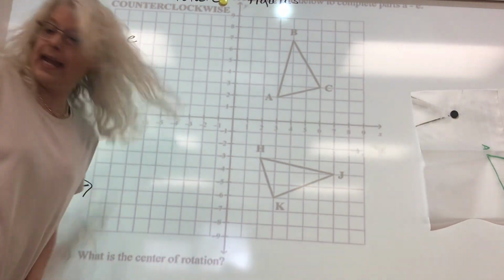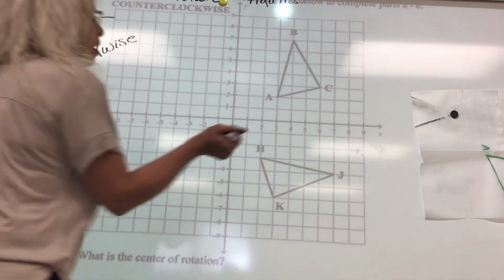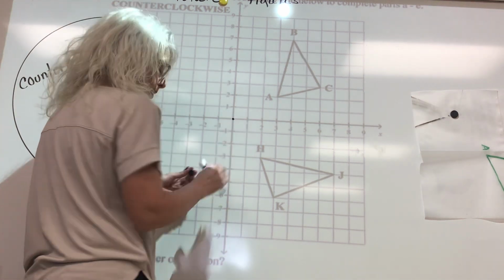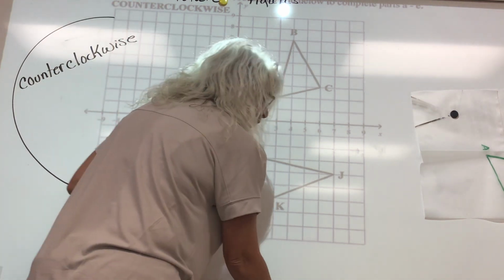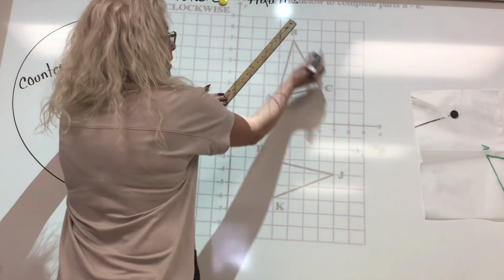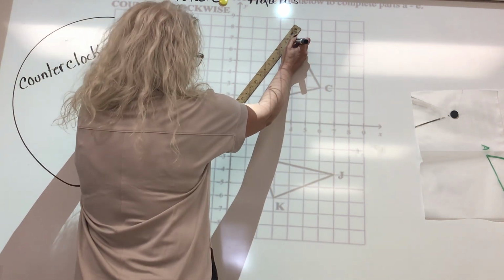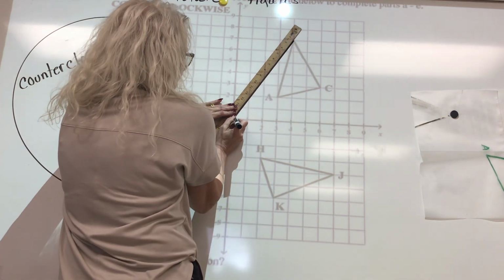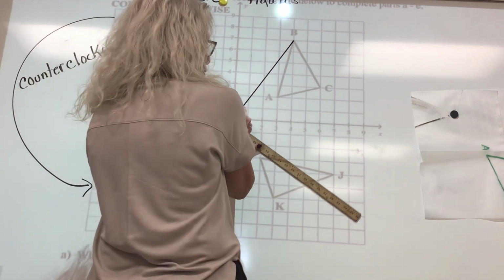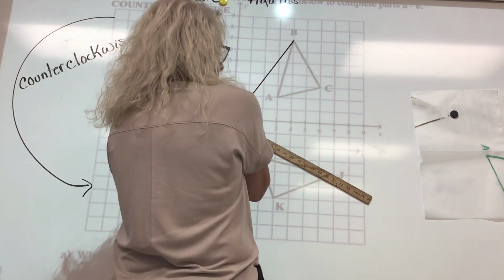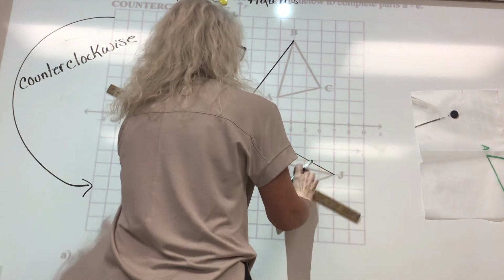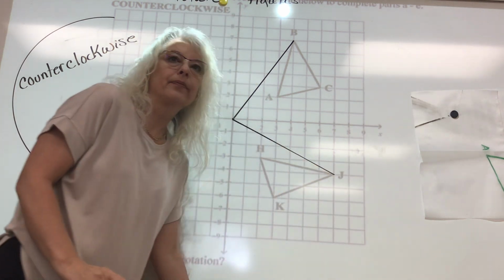So if I draw here's my center of rotation, and go from point B to the center of rotation, and then from the center of rotation to its image, it makes that angle, correct?